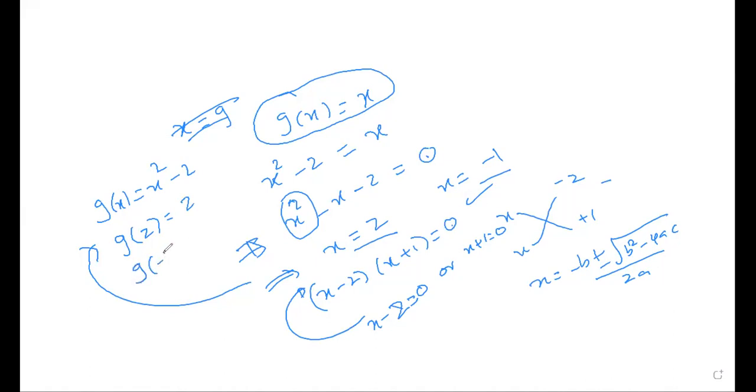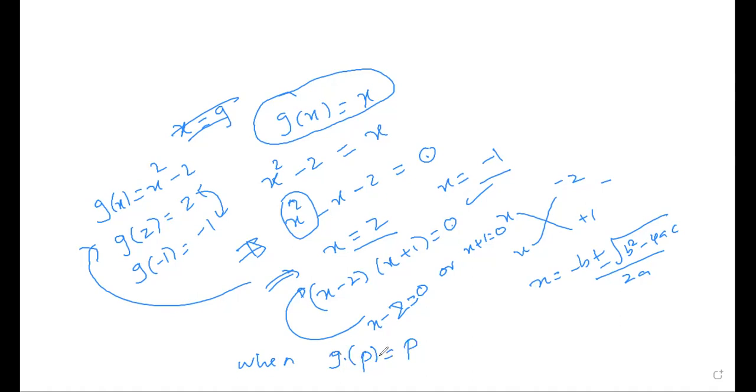Similarly, g(-1) is equal to what? 1 minus 2, which is minus 1. So that means this is called a fixed point. When you equate, generally we can write like this: g(p) is equal to p.